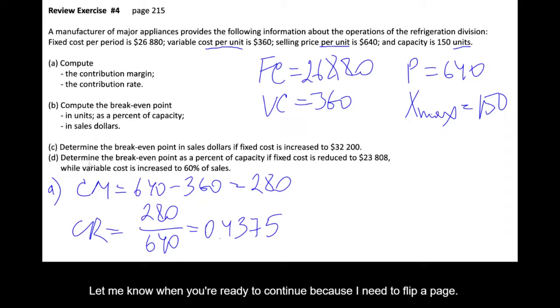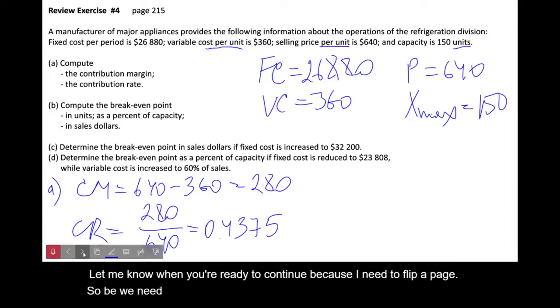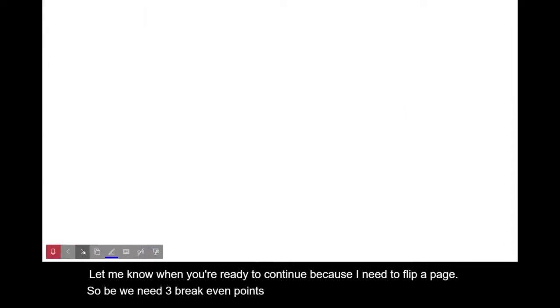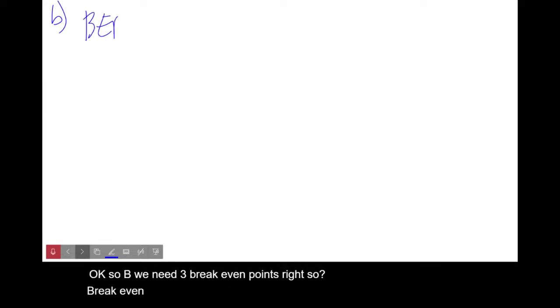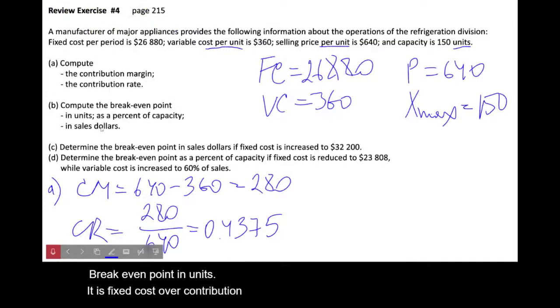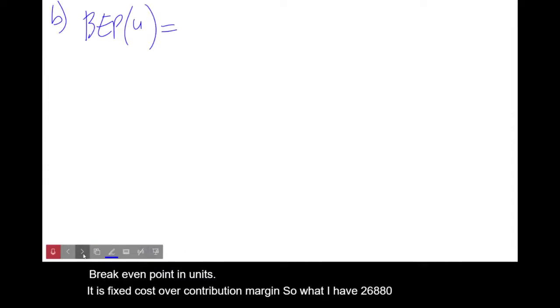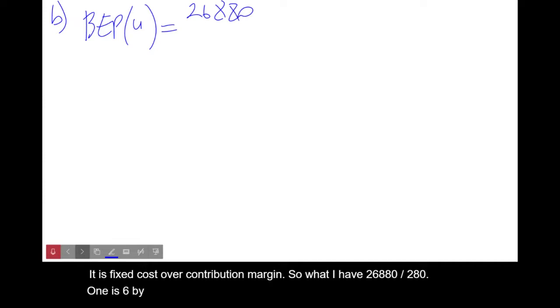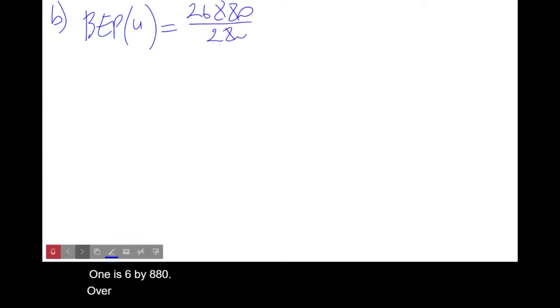Okay, so B, we need 3 break-even points, right? So break-even point in units, it is fixed cost over contribution margin. So what I have, 26,880 over 280.